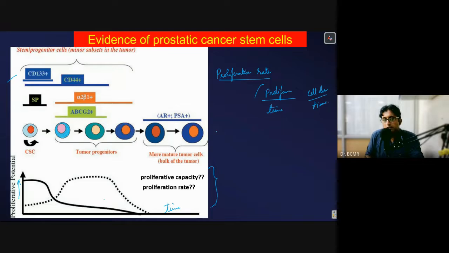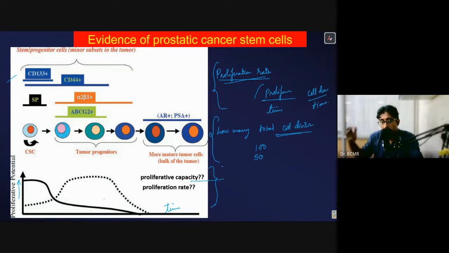Proliferation capacity is how many total cell divisions it can undertake. There is no time limit. Can it undergo 100 cell divisions, or is it only 50 cell divisions? So some cells have a very high proliferation rate and some cells have a very high proliferative capacity. Capacity is the total number of cell divisions that a cell can undergo.